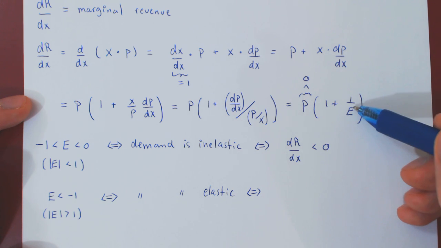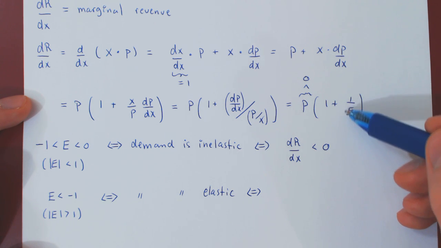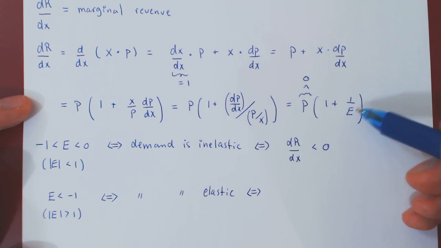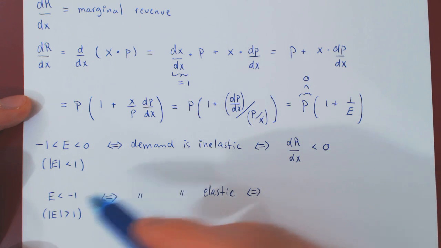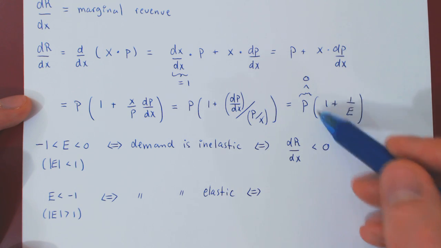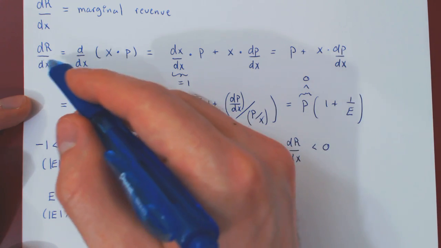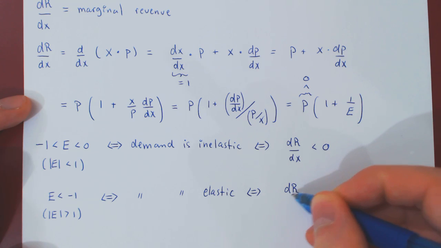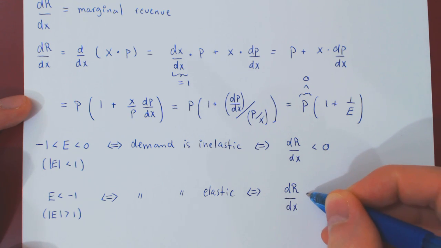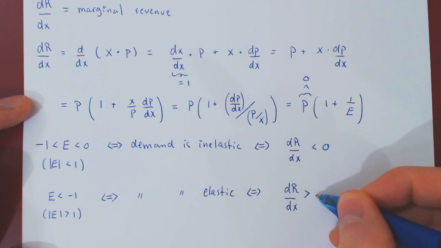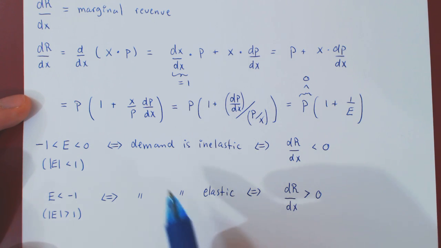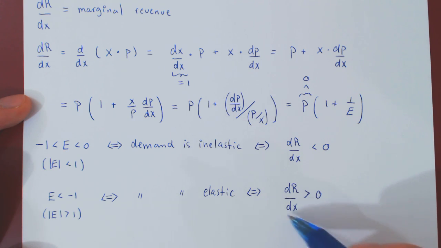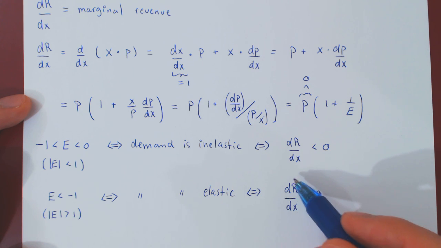So what you have here is a number that is less than 1 in absolute value and negative. Well, if we add 1 to that, it becomes positive, and so the marginal revenue function must be positive. So, the demand can only be elastic if the marginal revenue function is positive, or equivalently, if the revenue function is increasing.